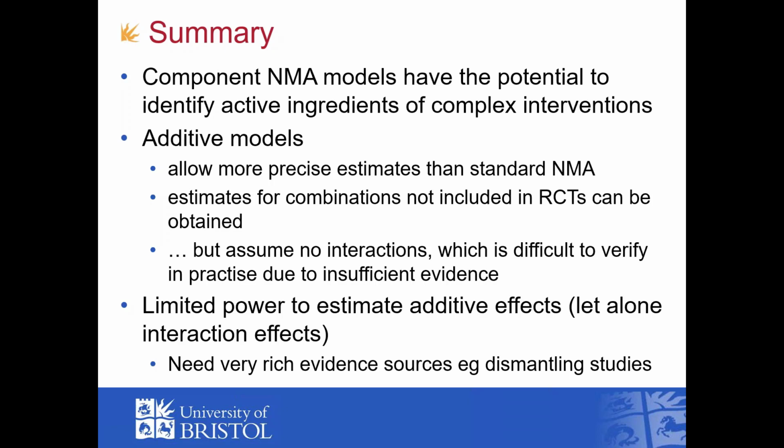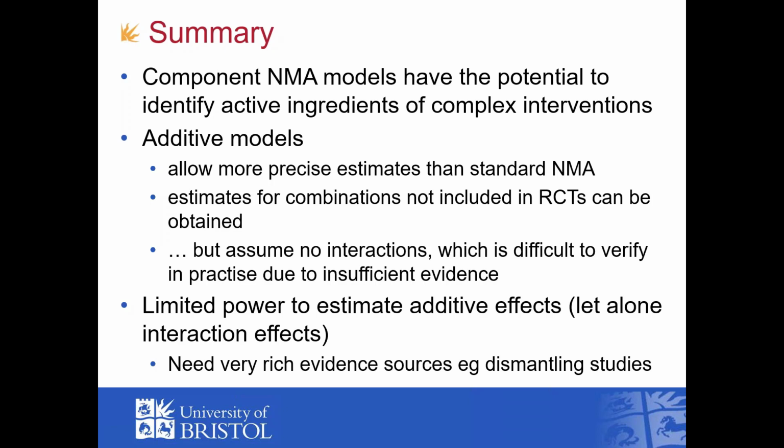They can allow estimates to be obtained for combinations that haven't been included in the RCTs, but they do assume no interactions, which is very difficult to verify in practice because we generally don't have enough evidence. I think all of these methods are very limited in what they can achieve, and I think this talks to the question that we had earlier, in that I think we need very rich evidence sources to estimate these, just to estimate the additive models, let alone interaction effects.